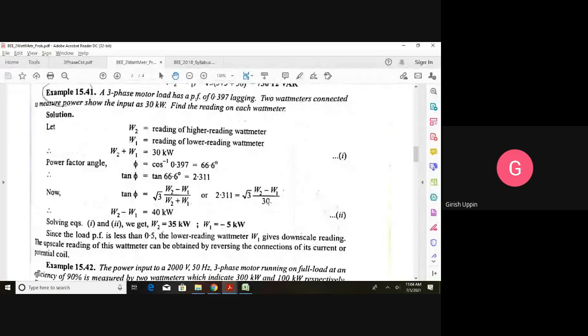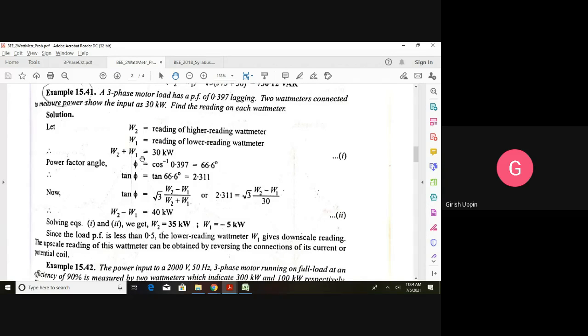You have to be very careful. Otherwise it is always better to choose this as 30,000 watt, in which case the answers come in watt. At the end, if you mix the units, then everything will be wrong. So therefore, W2 minus W1 is equal to 40 kilowatt.